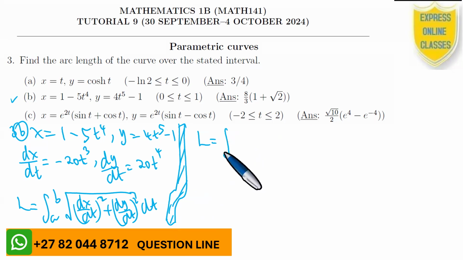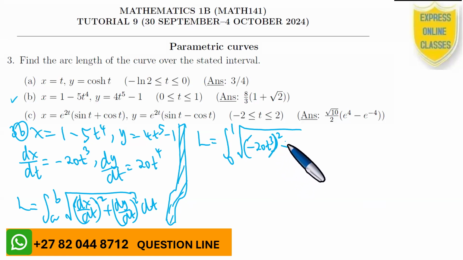L therefore becomes the integral from 0 to 1. What is dx/dt? So dx/dt is minus 20t cubed, and then you square it. The dy/dt is 20t to the fourth power, and then you square it.